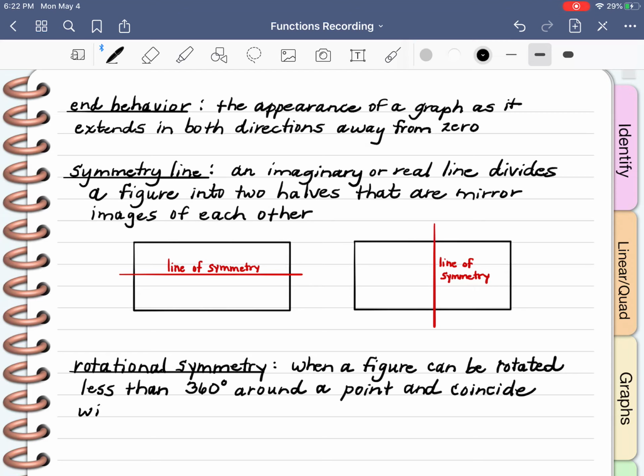I need a video to show you this one. That is called rotational symmetry. And I'm going to stop this video and see if I can find an illustration online to show you rotational symmetry.